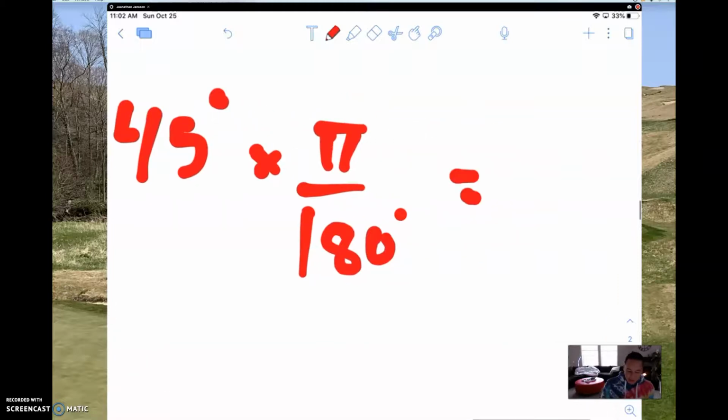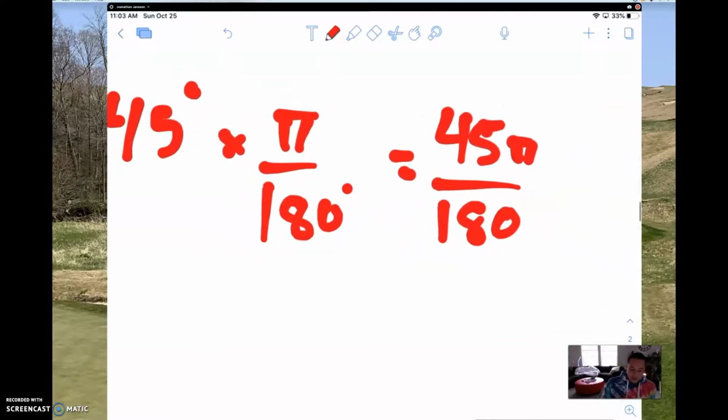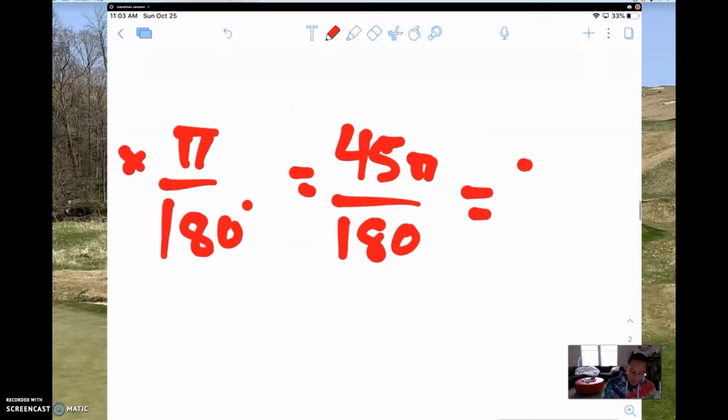And this becomes 45 pi, sorry, no degree symbol, 45 pi over 180. And you can divide the top and bottom by 45, and it just becomes pi over 4.